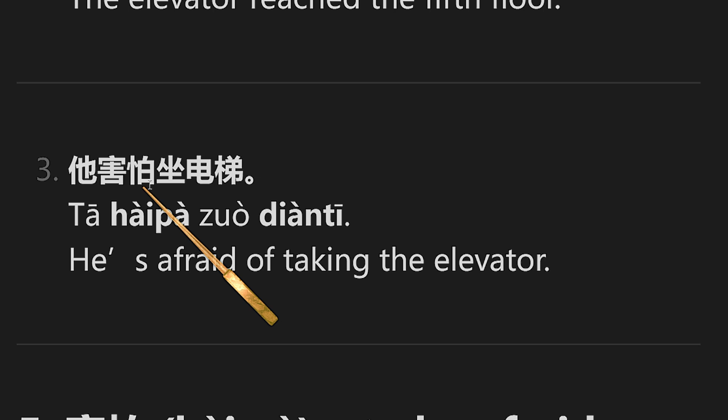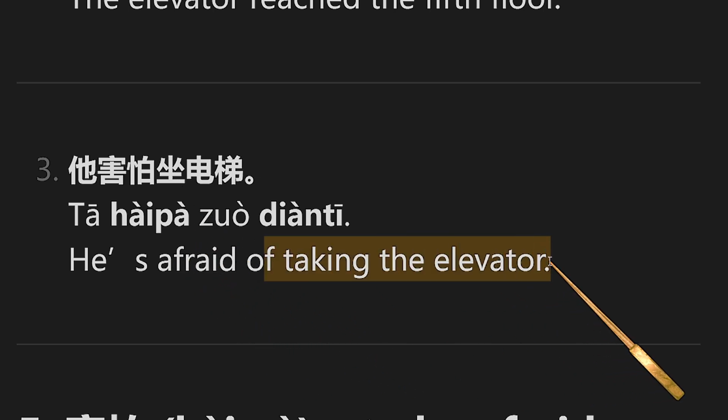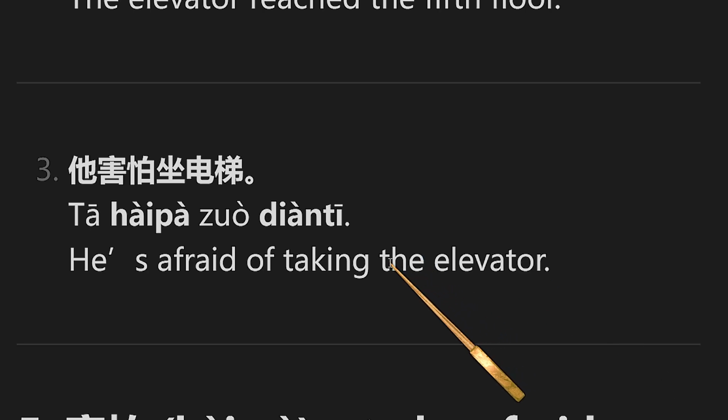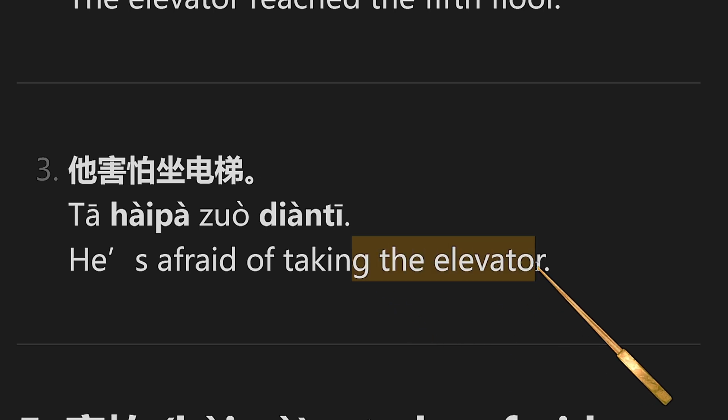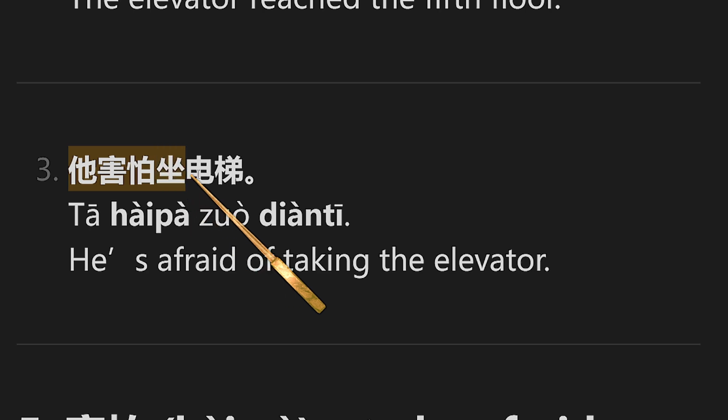So 坐 we know it's to sit somewhere, but also we know it's to take something. For example, to take a bus, 坐公共汽车 or 坐地铁 to take a metro. So here 坐 is to take some transport for moving. So 他害怕坐电梯. He's afraid to take the elevator.